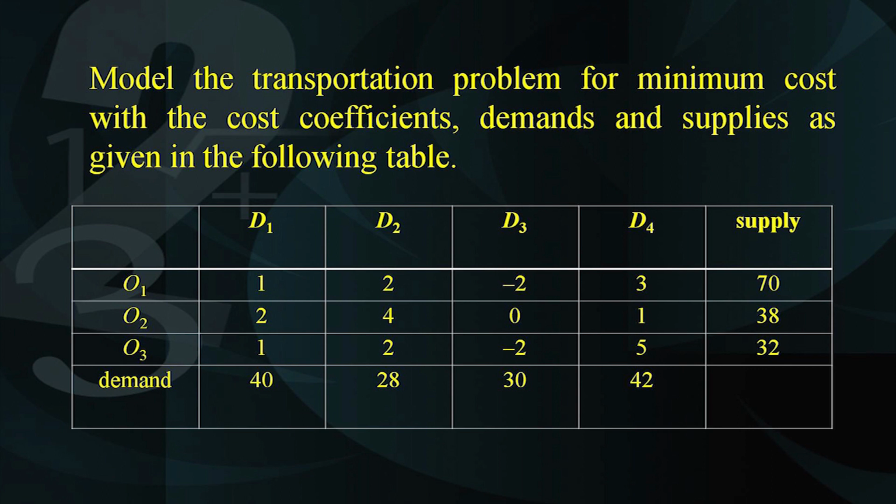This is given in the rightmost column, that is the supply at origin 1 is given to be 70, and like this. Similarly, the availability at the destinations is given in the last row. So, this entire table represents the data for the modeling of the transportation problem.